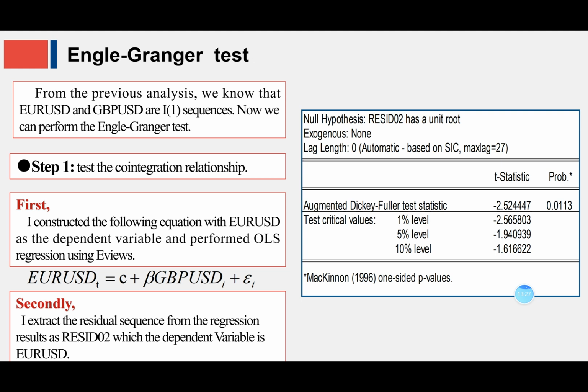From the results of the unit root test for resid02, we can see that the null hypothesis is rejected. The p-value is less than 0.05. So the residual is also stationary.